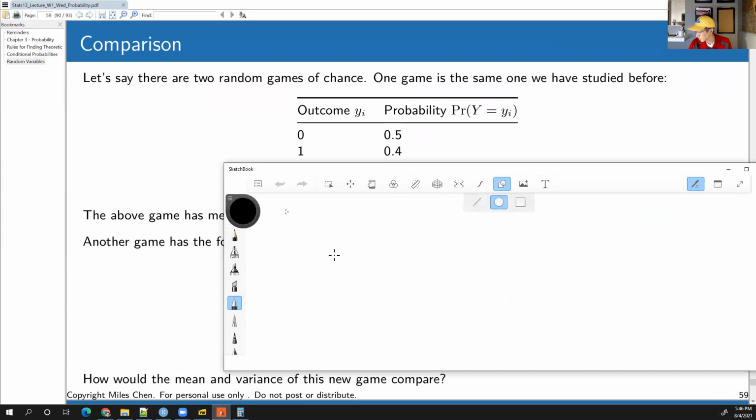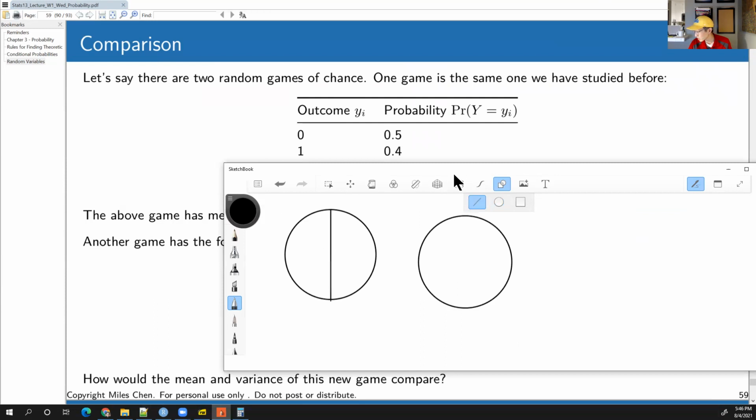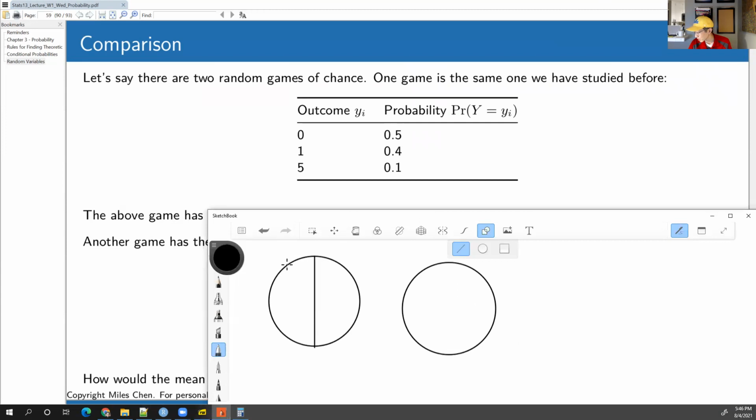One wheel has a 50% chance, and I don't know how to draw, but we'll say it looks like this. On this one, you get 0 over here, 1 over here, and 5 over here, okay?